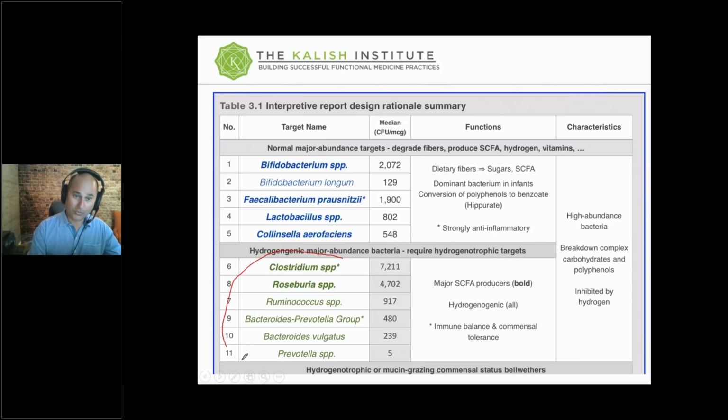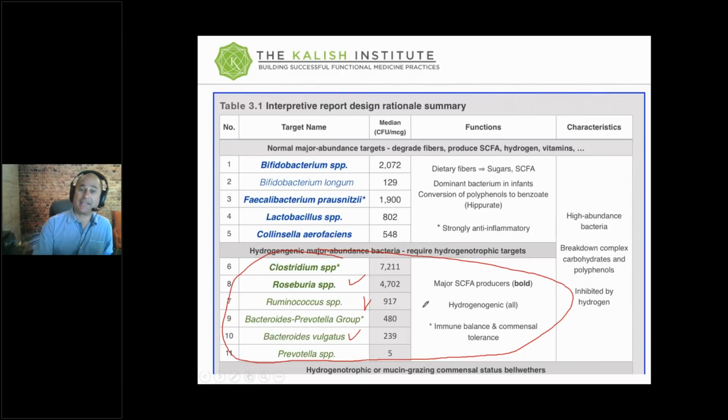This other functional grouping of organisms is producing hydrogen gas. Your Roseburia, your Ruminococcus, your Bacteroides vulgatus, these are organisms that are producing hydrogen gas.